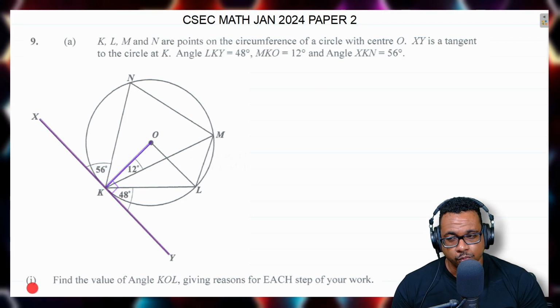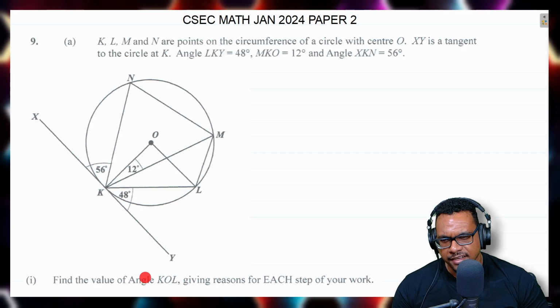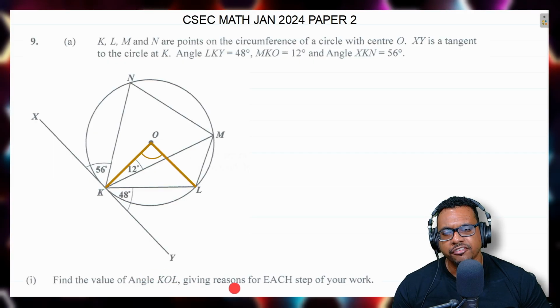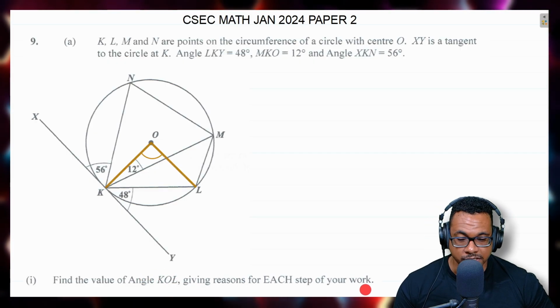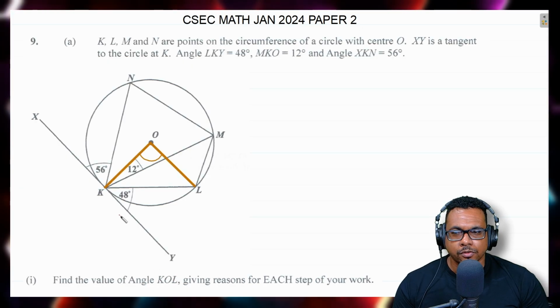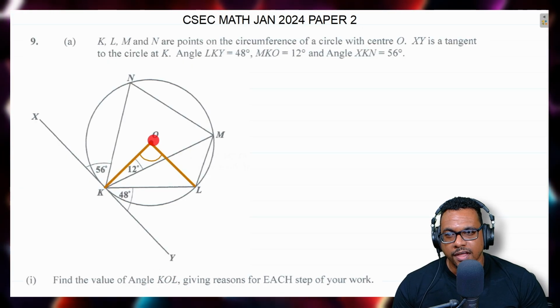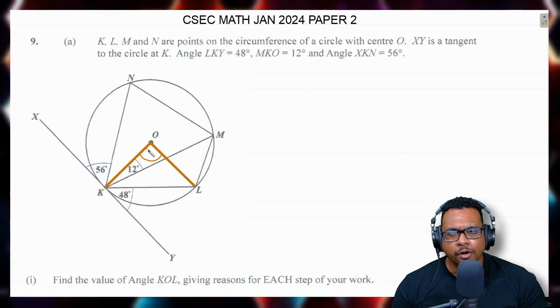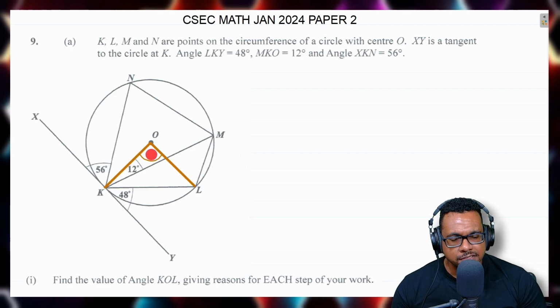Now question A part 1, we want to find the value of angle KOL, giving reasons for each step of your work. So let's highlight angle KOL. Okay, so we have K to O and then O to L. So this is the angle that we want to find. Now we've seen that this angle is at the center of the circle.